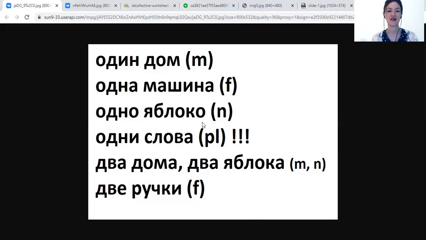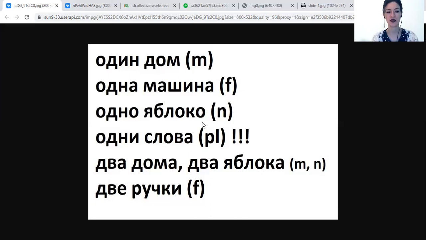For example, he said only these words and went away. You say одни слова if you want to emphasize.